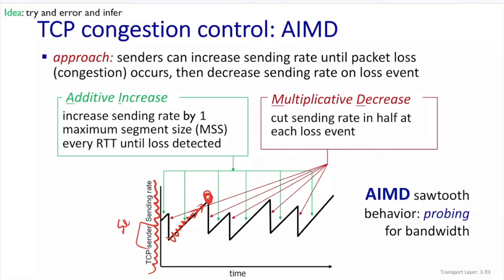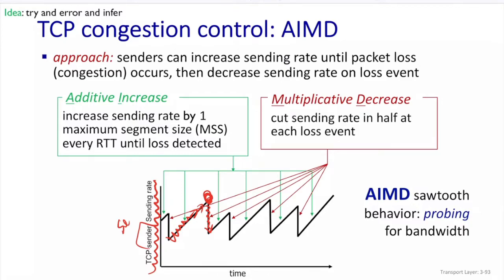Then the sender can decrease its sending rate. Because if you add more in-flight packets to the internet, it is useless because all the packets have been dropped.